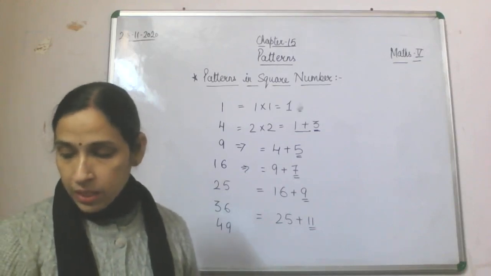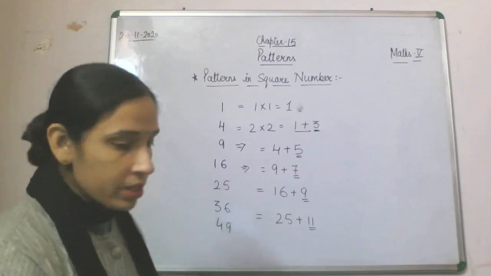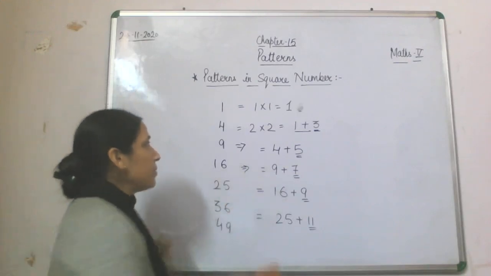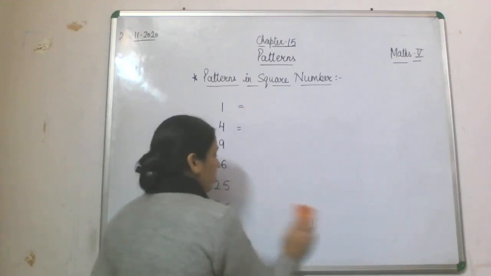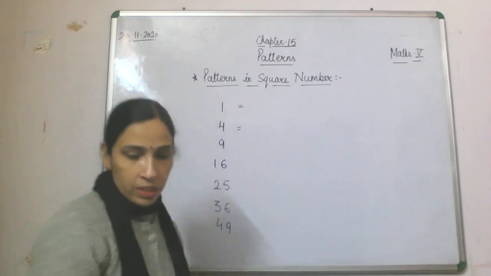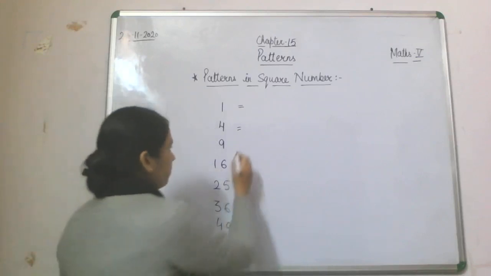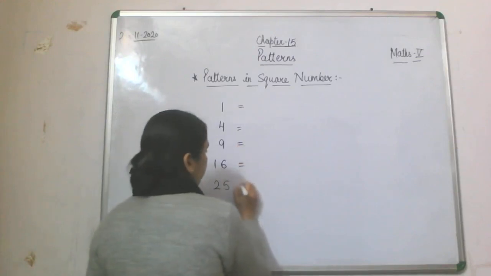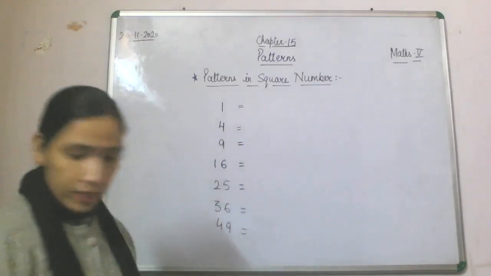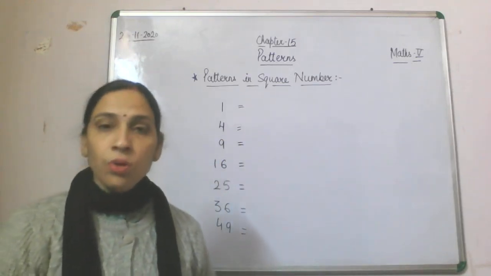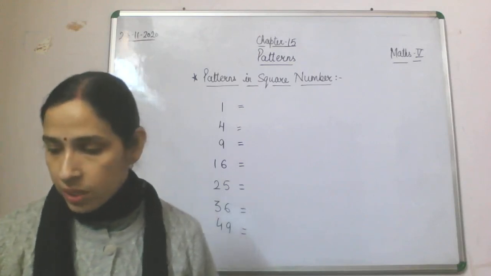So that is one of the properties of square numbers. Now different patterns can be formed by this, that is, 2 into 2 minus, meaning the square of this minus the next one. Next pattern is what? See this, one more pattern can be formed by this, that is also known as a property. How can it be formed? 2 into 2 minus 1 into 1 means 2 into 1 plus 1, that will become 3.